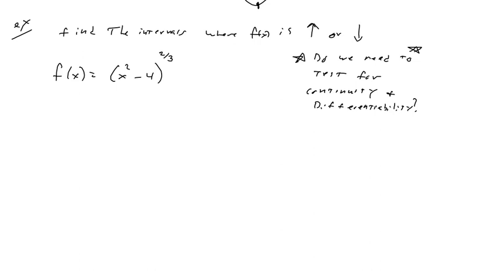Are there some requirements for the first derivative test, where the graph is continuous and differentiable? Have we stated previously that for the first derivative test we need them to be continuous or differentiable?